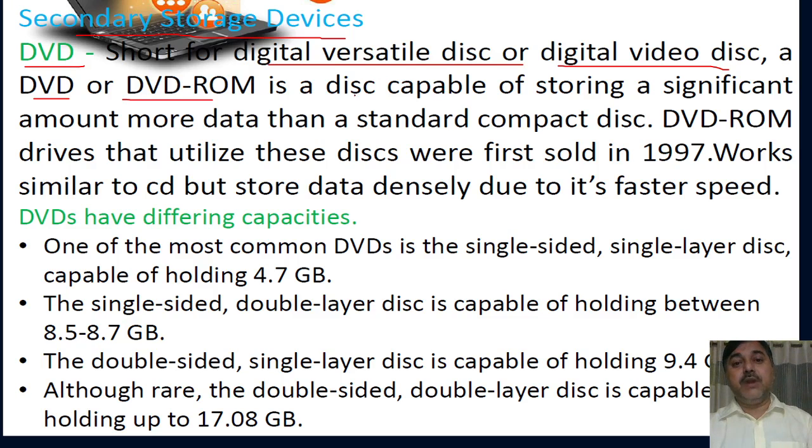So this is what we can find, that this particular disk is used to store a significant amount of data, and it can be seen as an extension of the compact disk.